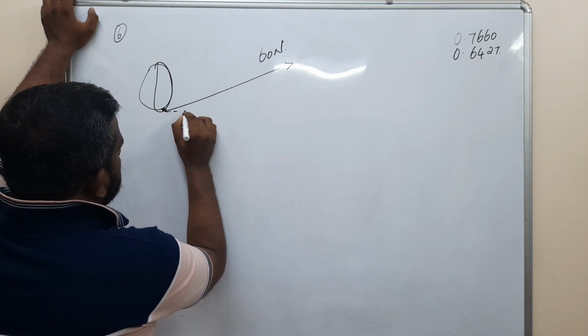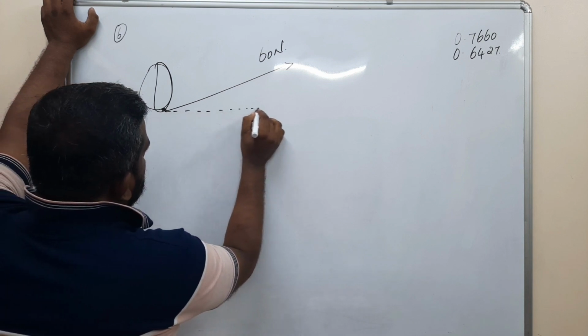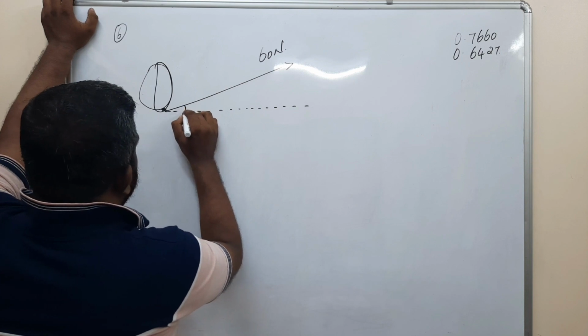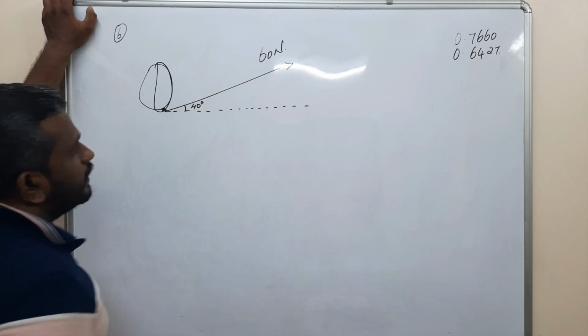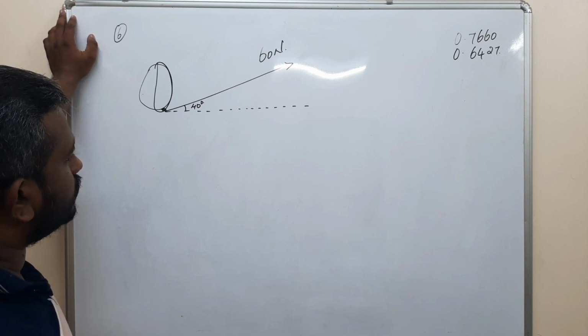The pull makes an angle 40 degree with the ground.